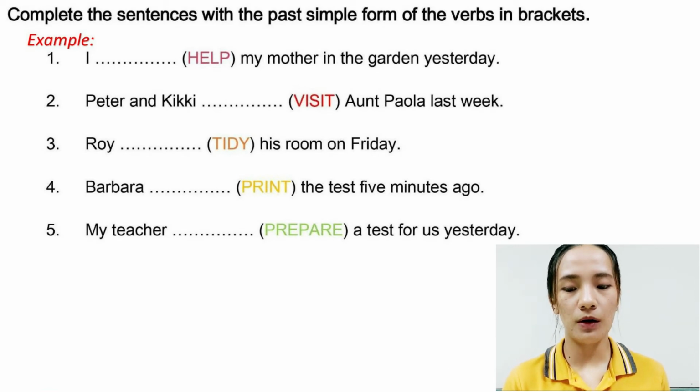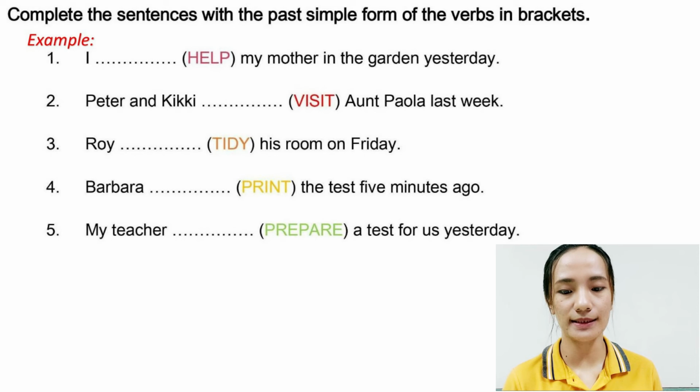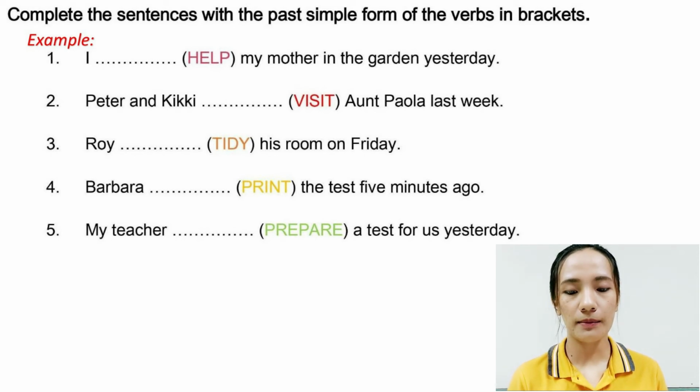Part 2. Complete the sentences with the past simple form of the verbs in brackets. Example number 1. I blank my mother in the garden yesterday. The action word or the verb in the bracket is help. Now, what is the simple past of the word help?